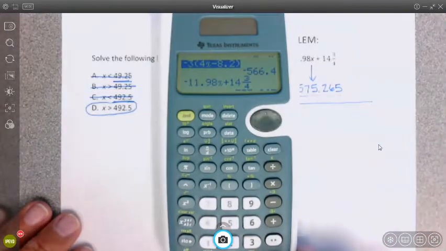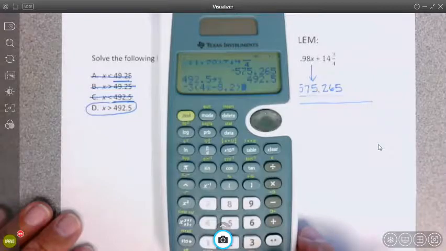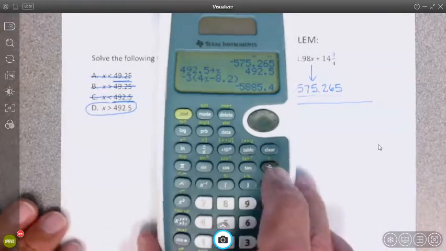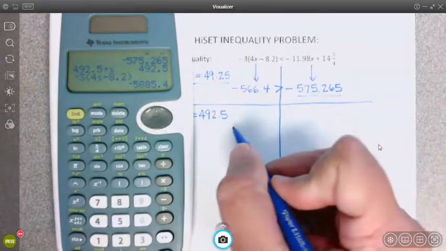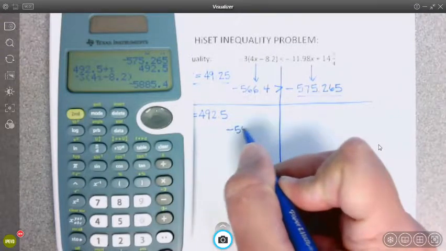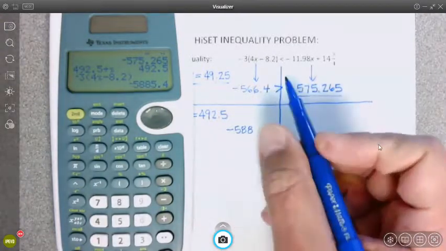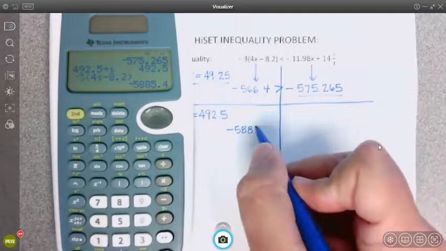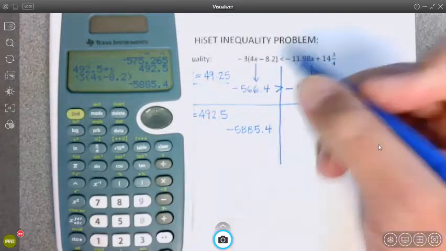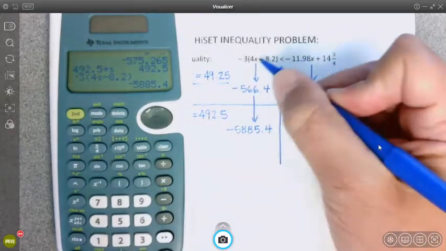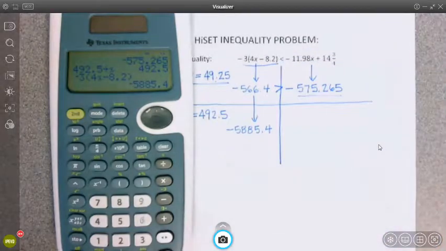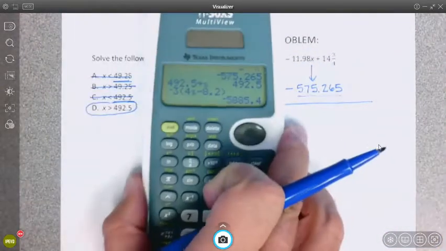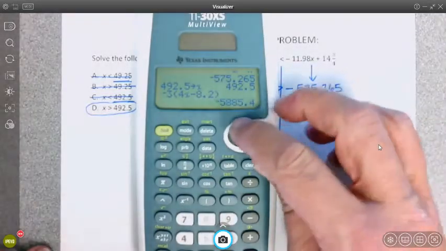Here's the left-hand expression from the problem. I hit enter and enter again. I get a value of negative 5,885 and 4/10. Remember again, that's the value of the expression, negative 3 times 4x minus 8 and 2/10 in parentheses. And now I go ahead and do the same thing for the right-hand expression.